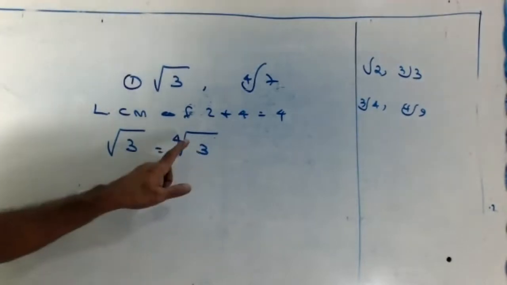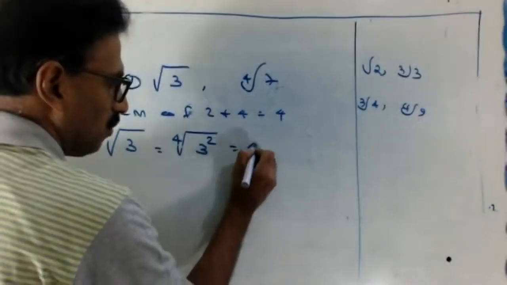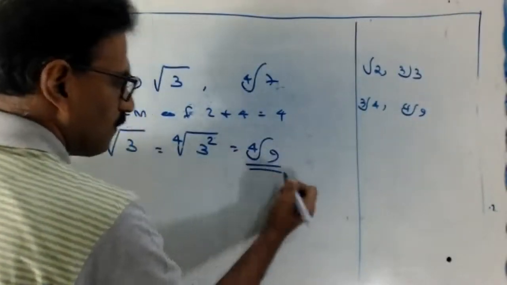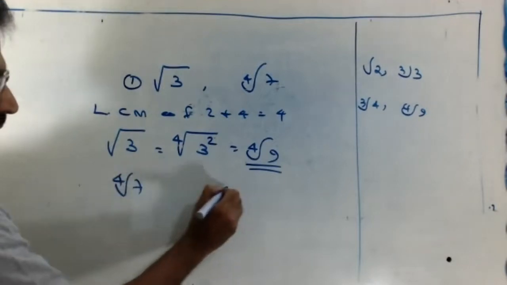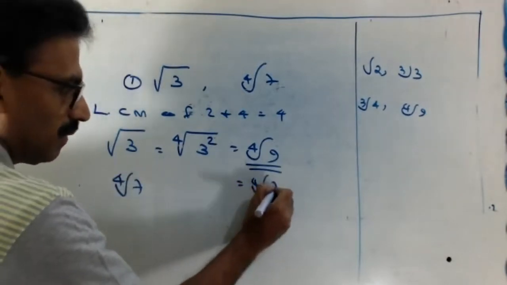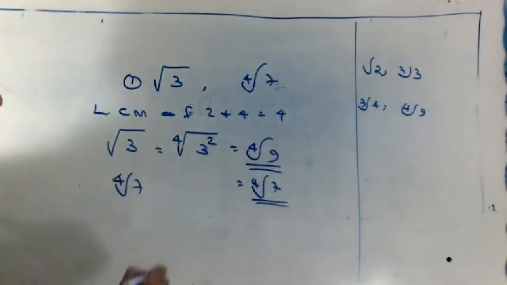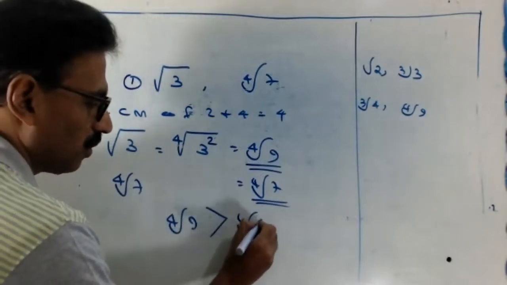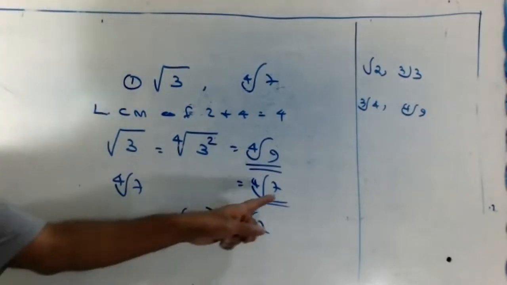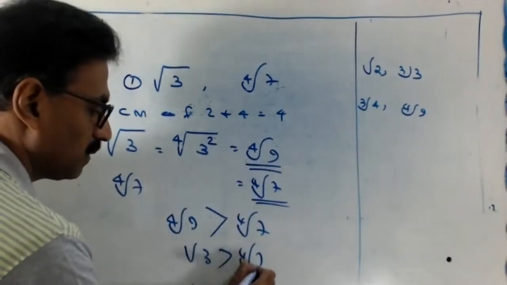Then 4 divided by 2, that is 2 here. That is 4th root of 9. Then 4th root of 7, directly we can write 4th root of 7. Therefore, 4th root of 9 is greater than 4th root of 7. But the answer is corresponding root 3 is greater than 4th root of 7.